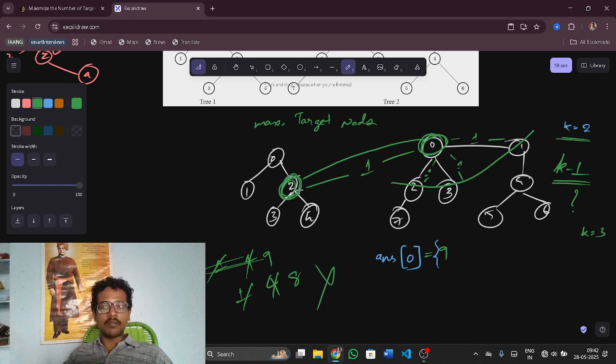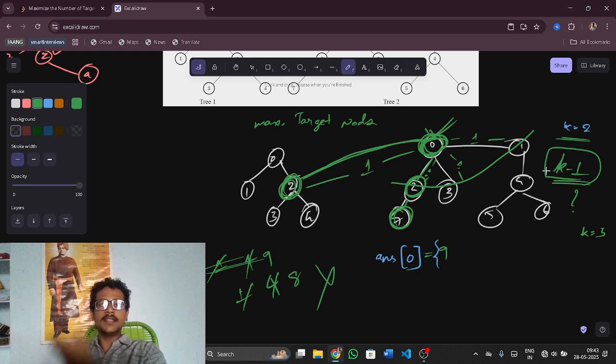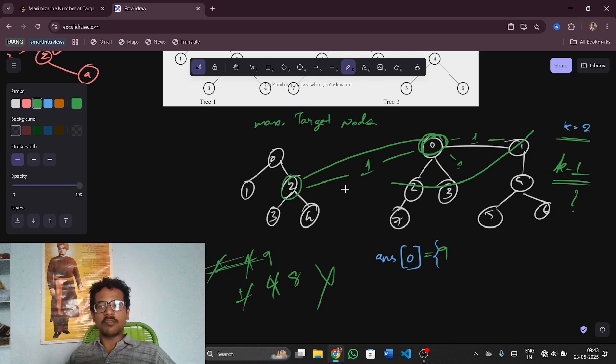Then this node will be at a distance of 1 from tree 2, and then at a distance of 2 here, at a distance of 3 here. So for this node, I need to check the number of target nodes which come under k minus 1. Why? Because another 1 unit of distance is covered by connecting from here to here. I think you got it. Now you see why I am using k minus 1 for tree 2.